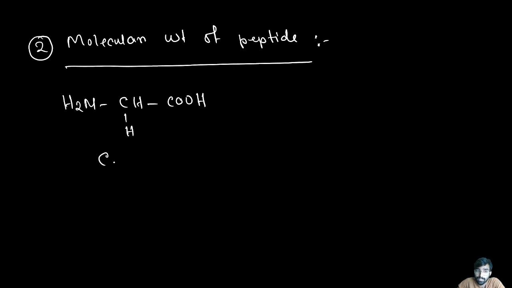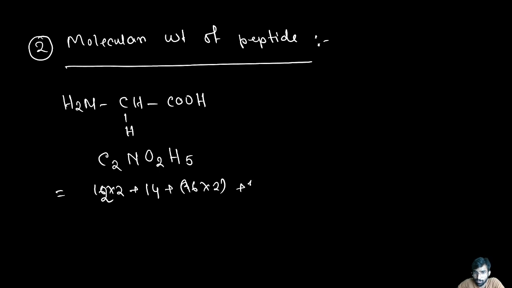The formula will be C2NO2H5. So 12 into 2 plus 14 plus 16 into 2 plus 5. That means 24 plus 14 plus 32 plus 5, that will be 75. So the molecular weight of glycine is 75.